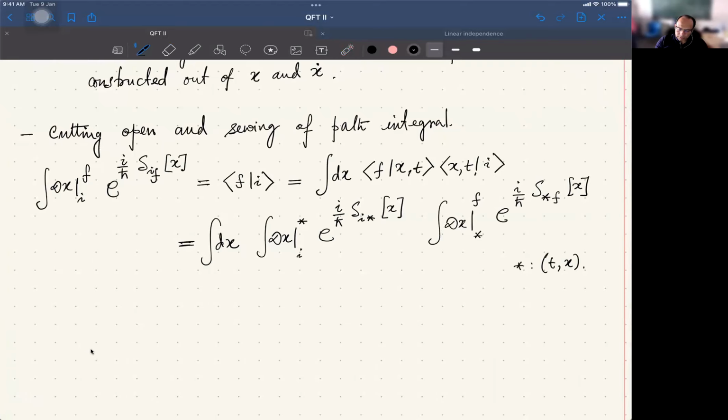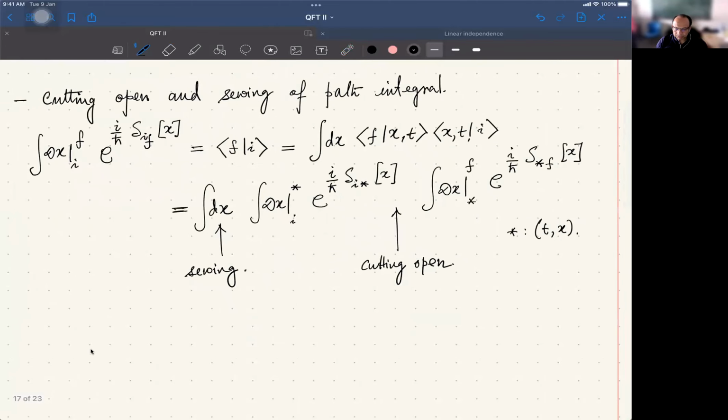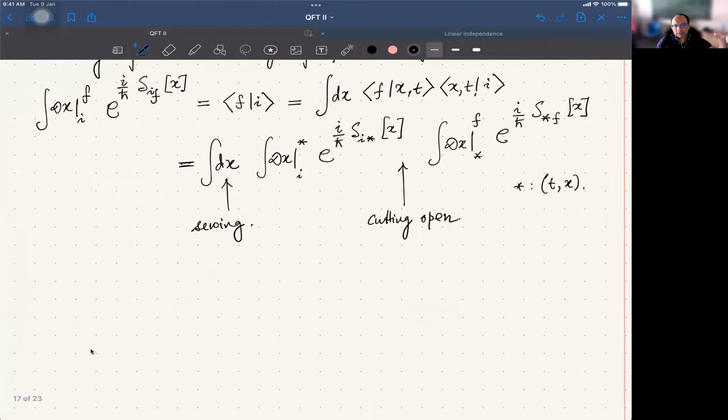This is where you are cutting the path integral open, and this is how you are sewing it back. People use this language: you cut open the path integral here, put some insertion there, and then sew it back. That is what we're going to do now.